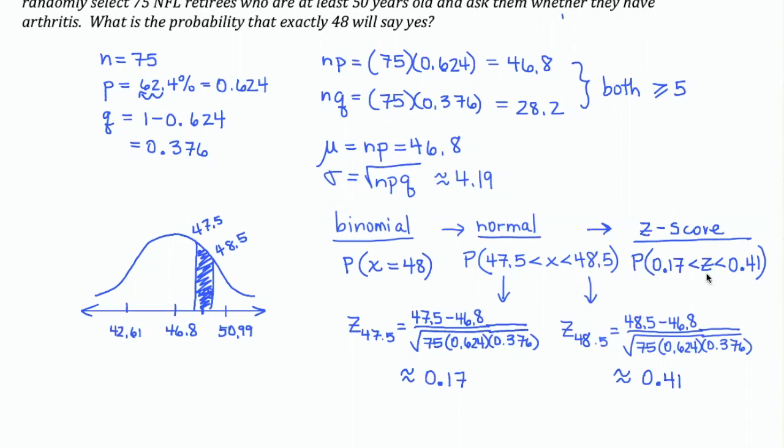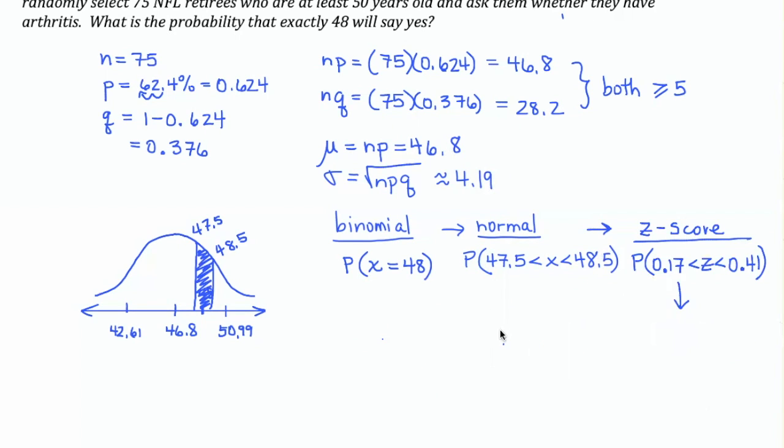Now, in order to calculate a between probability, this is going back to something we learned previously, you find the probability of each of these z-scores and subtract them, with the bigger one coming first and subtracting the smaller. So this means I'll be taking the probability of my z-score being less than 0.41, that'll be a larger number, and subtracting the probability that my z-score is less than 0.17.